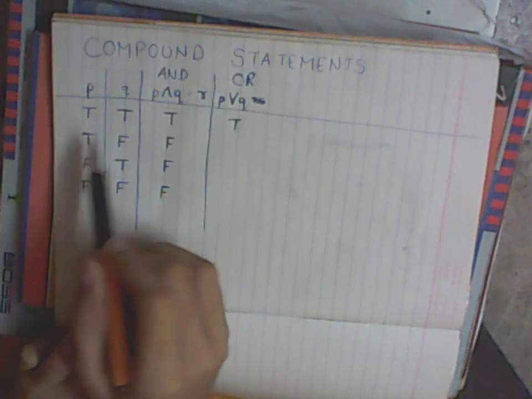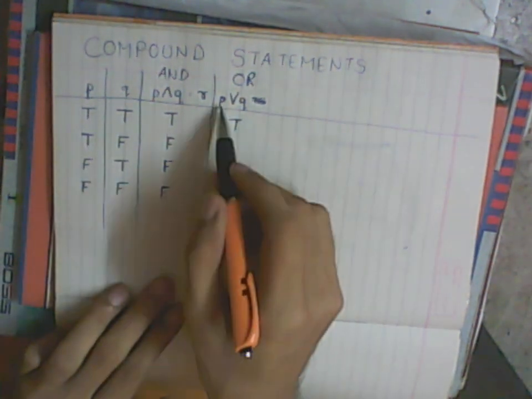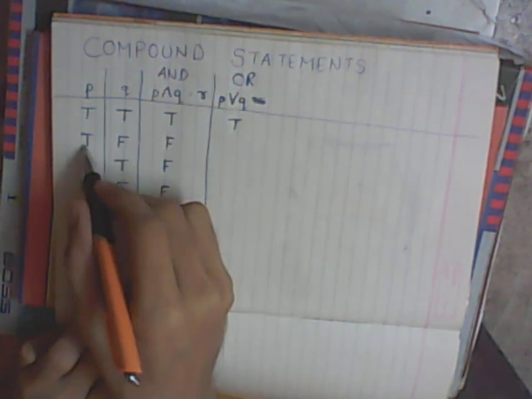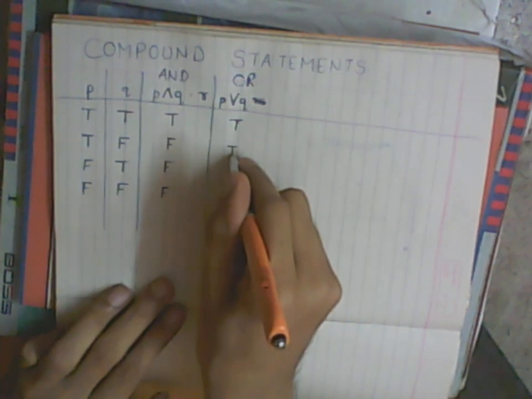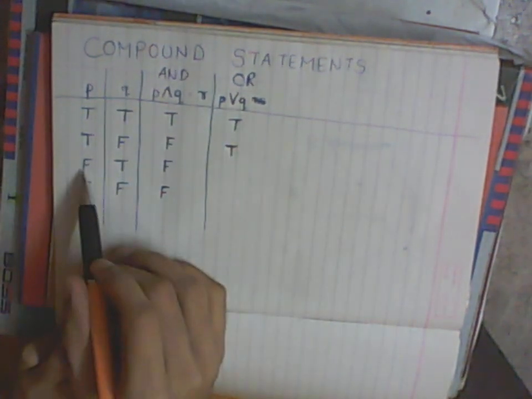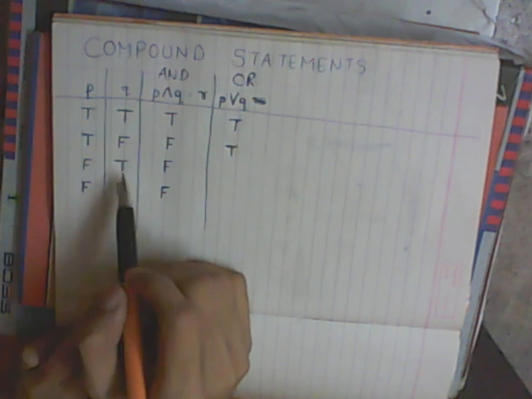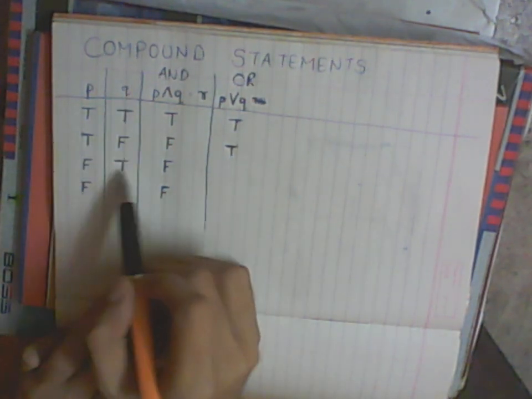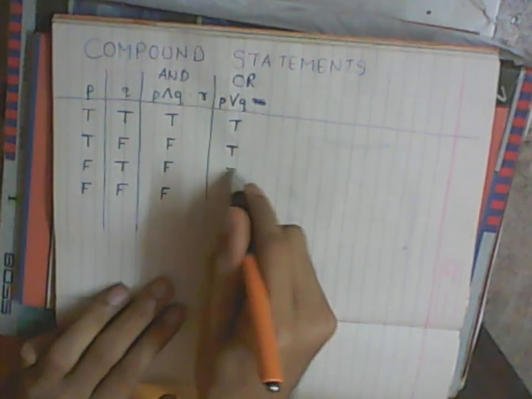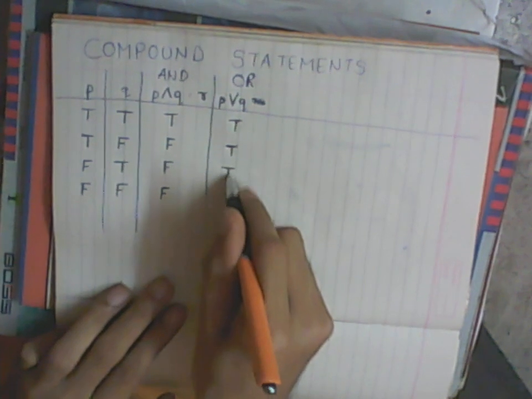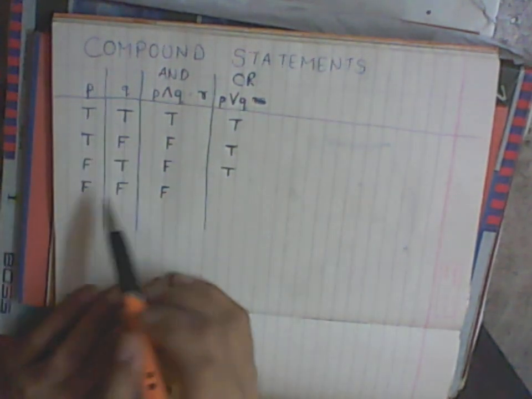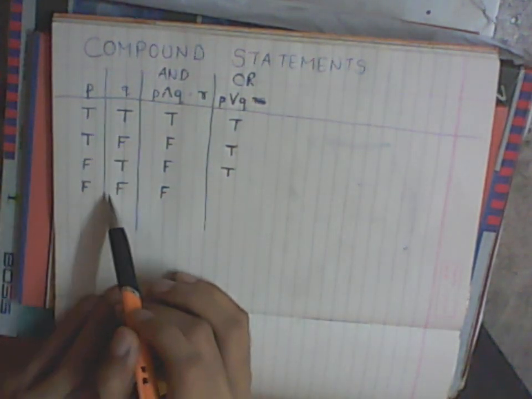In case P is true and Q is false, I can say P or Q is true, because at least one of them is true. Also here, if P is false and Q is true, at least one of them is true, right? Q is true, so I can say that the whole statement P or Q is true. But if I have both the statements false, there's no hope.